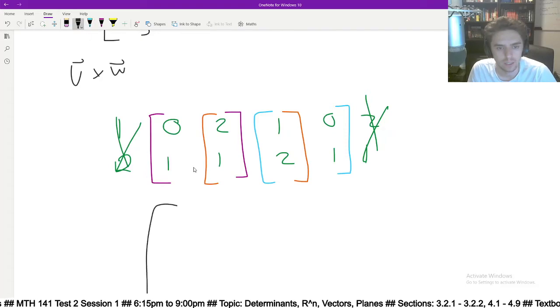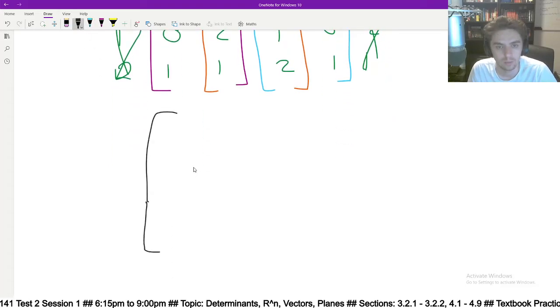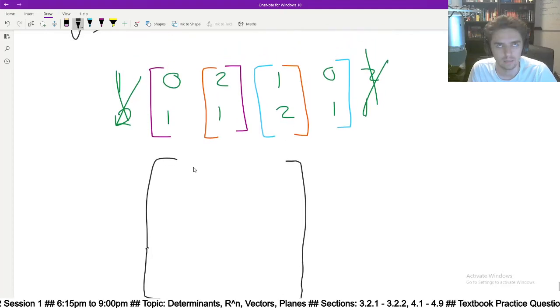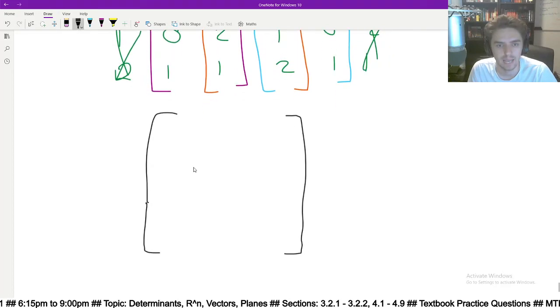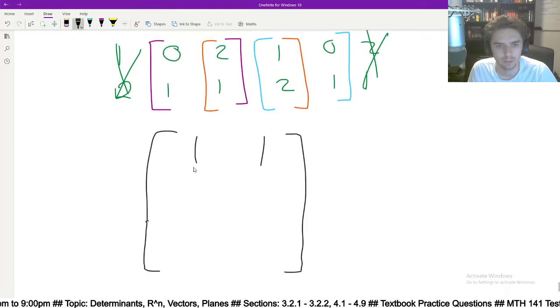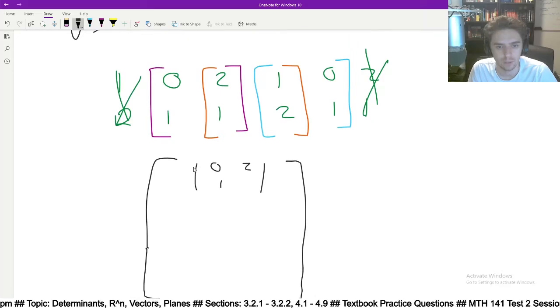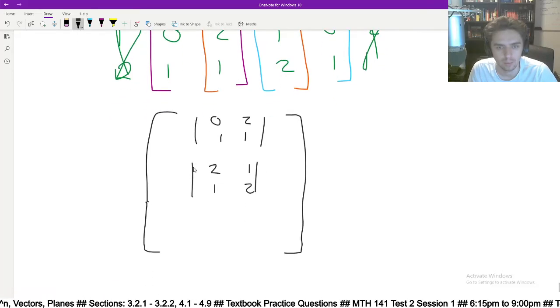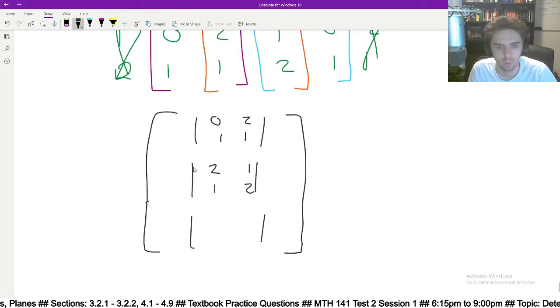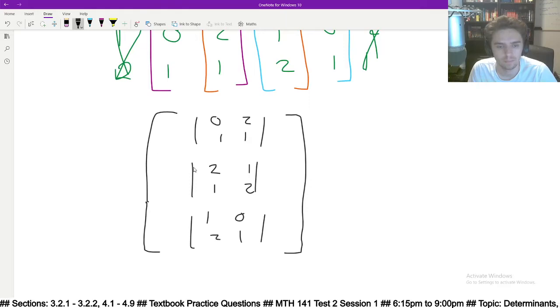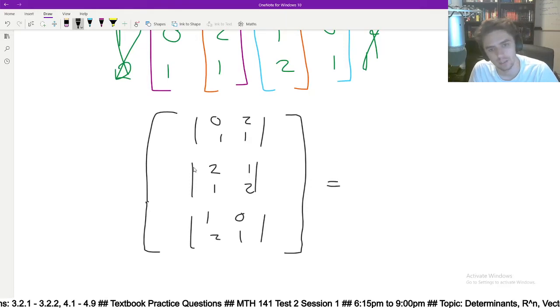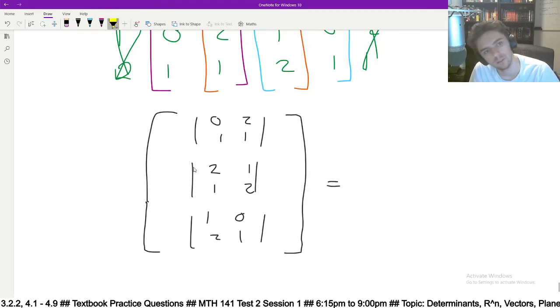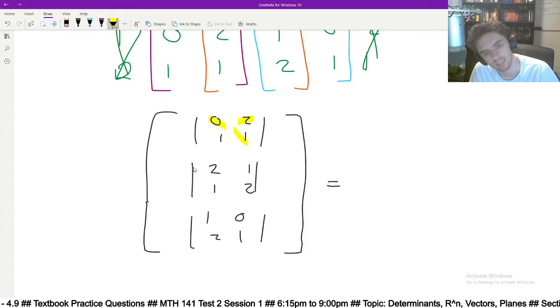The cross product always returns a vector as an answer. The first component will be the determinant of 0, 2, 1, 1. The second will be the determinant of 2, 1, 1, 2. The third will be the determinant of 1, 0, 2, 1. The determinant of a 2 by 2 matrix is this times this minus this times this.